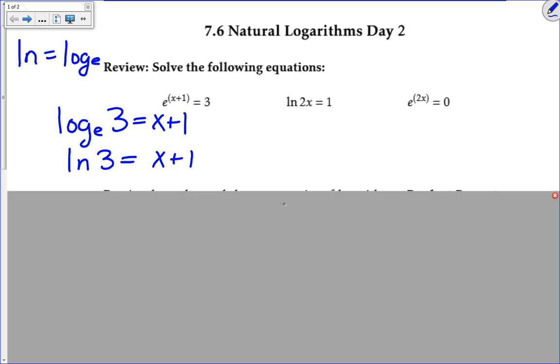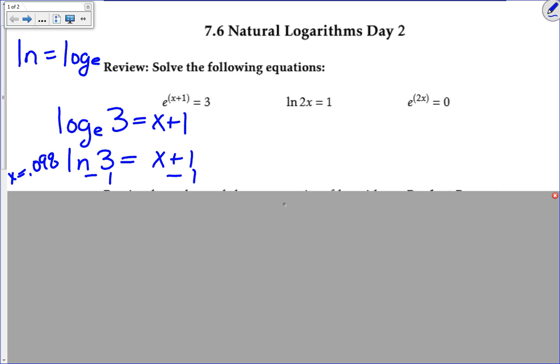Now what is ln of 3? Right, it's going to be some decimal. So we're going to take that decimal value and do what with it to get x? Subtract 1. So we'll subtract 1 from both sides, and we'll get x. Okay. I'm going to leave that. So what's our final answer then? So x equals 0.098.